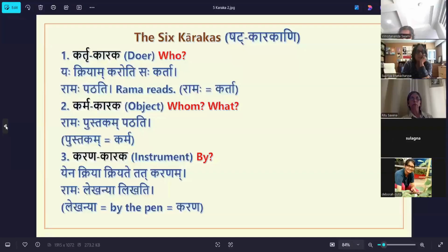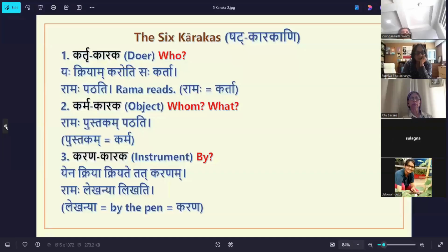Instrumental means you ask your question if you want to find out which is the karana karaka, or which will take third case ending. Third case ending means karana. Instrumental it is called. So if you translate in English, the first one is nominative, second is accusative, third is instrumental.